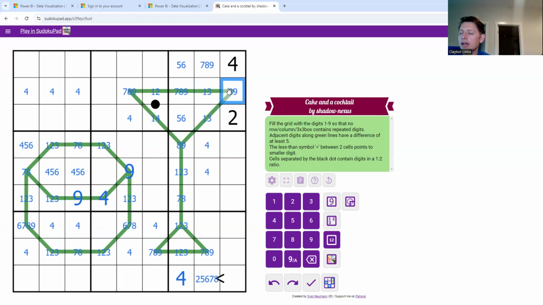So this is an 8 at least, but it could be a 9. And then this one, there is a world where this could be a 7 because this could be 1, 2. And this could be a 7 because this could be 2, 1. Well, we know at least this is 8 or 9, which doesn't quite do anything, unfortunately.